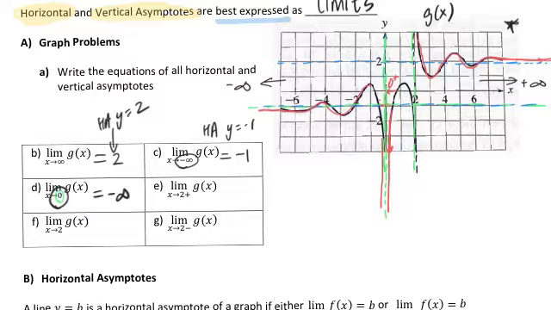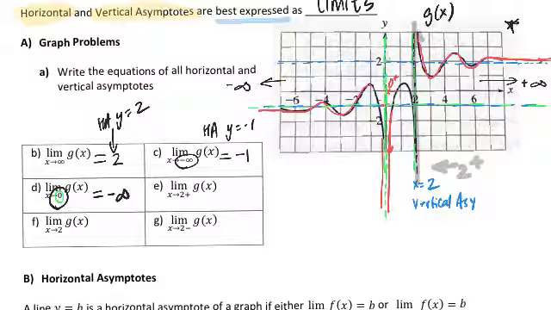If you look at the asymptote at x equals 2 right here, remember, a vertical line is x equals some number. So we've got a vertical asymptote here at x equals 2. When x comes in from the right side of 2, then y goes to positive infinity. That's up here, so this going up shows us that this answer is positive infinity.